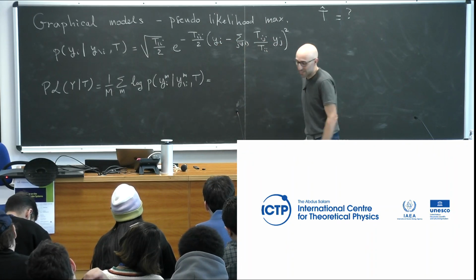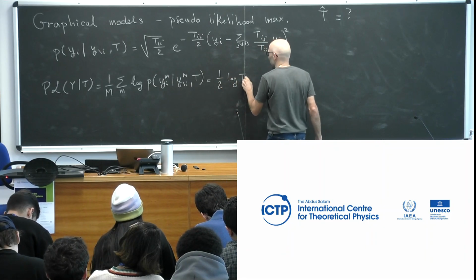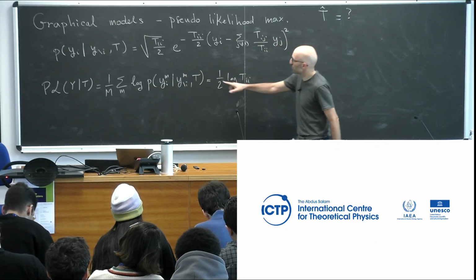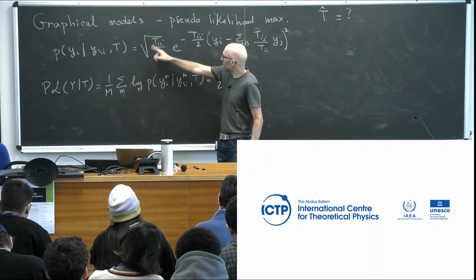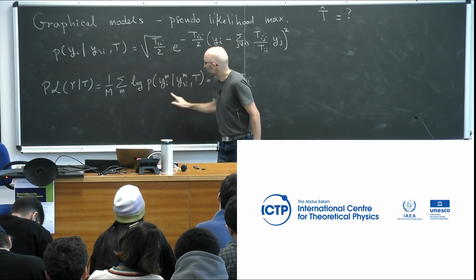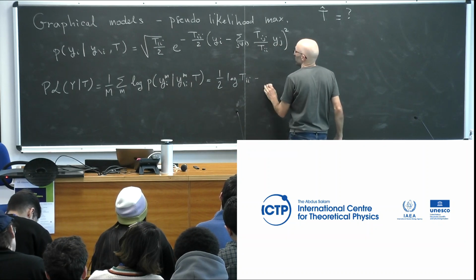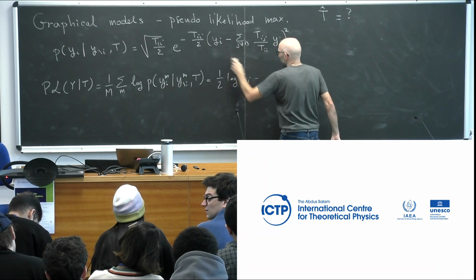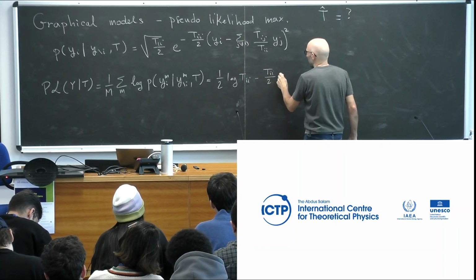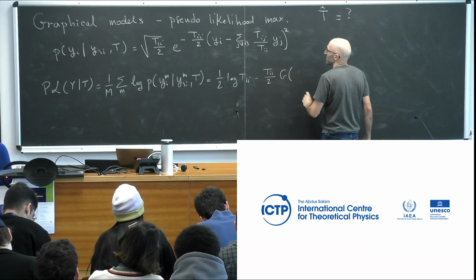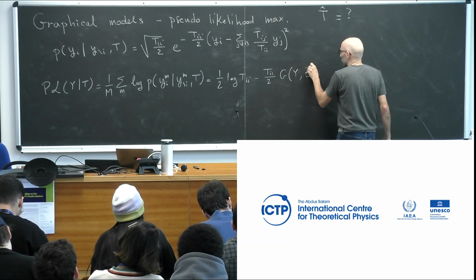Well, what I get is 1/2 log of Tii, which comes from the normalization. When I take the log, I get 1/2 log T. I average over the data, but it doesn't depend on the data, so I just get this, minus. When I take the log of this, I get Tii over 2 times a function g that depends on the data and a vector Ti.